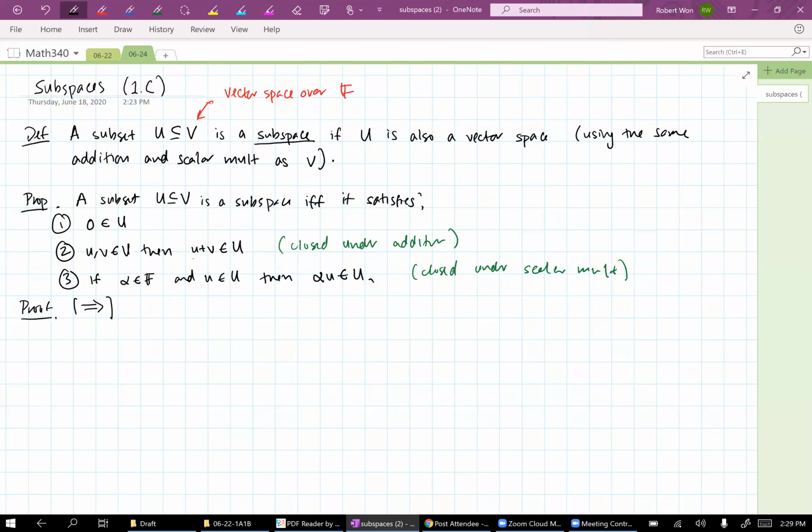So here we're using the operation in V, but if U is going to be a vector space, 2 is automatic, same thing, 3 is automatic. So if U is a subspace, then it is a vector space, and a vector space is supposed to have 2 operations on it. In particular, those operations should be closed. So then 2 and 3 are automatic.